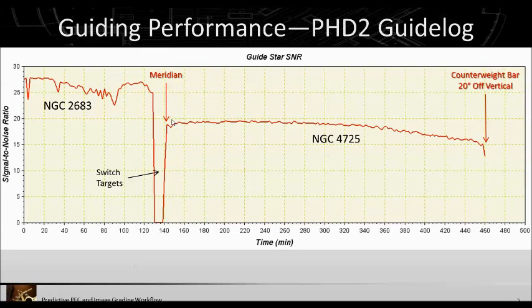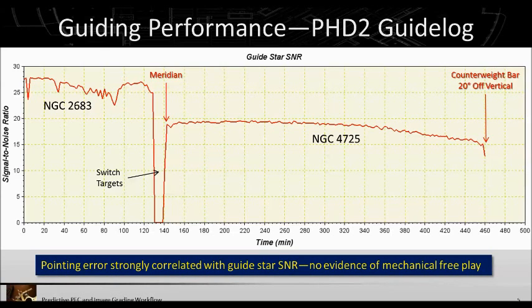The signal to noise ratio is pretty good, but as you can see, as the target tracks more and more towards the horizon, I'm looking more and more through the atmosphere, getting closer to sky glow from the horizon, and my signal to noise ratio is reducing, and as a consequence, so is the pointing error.